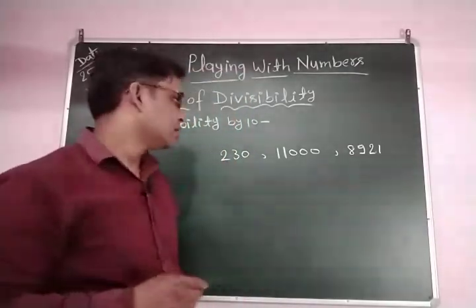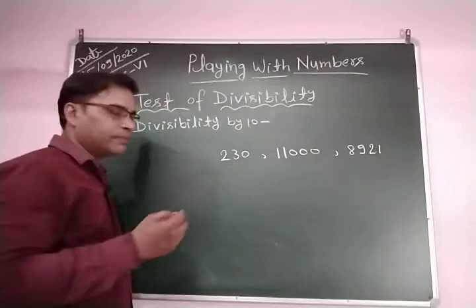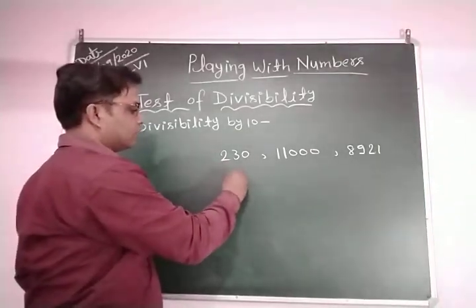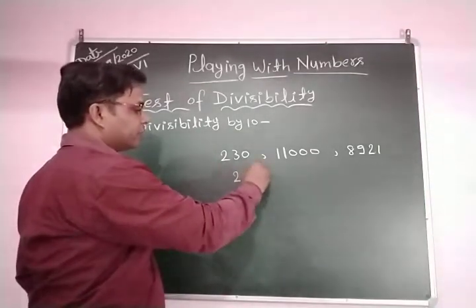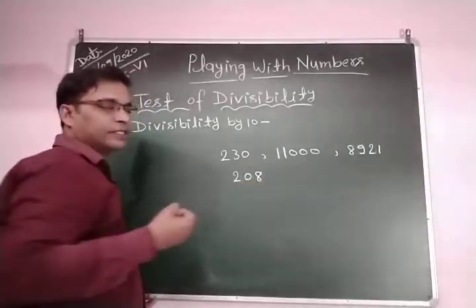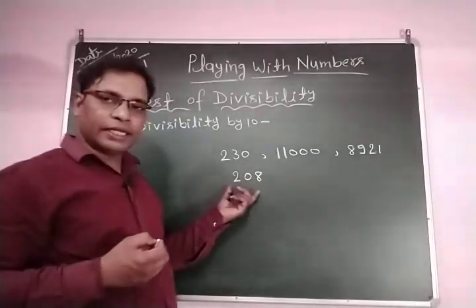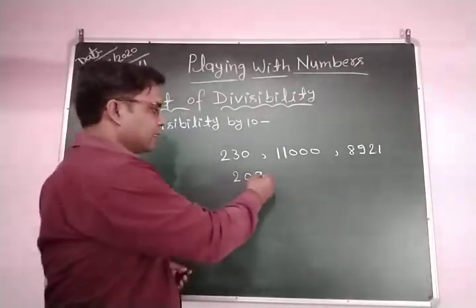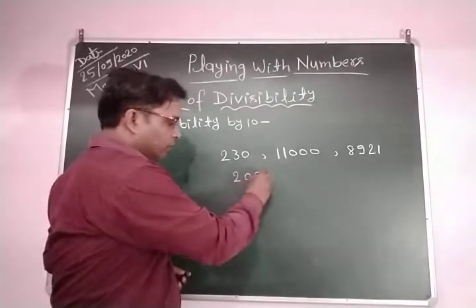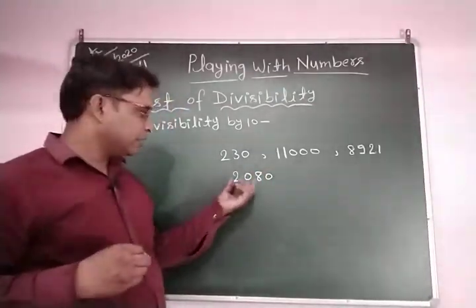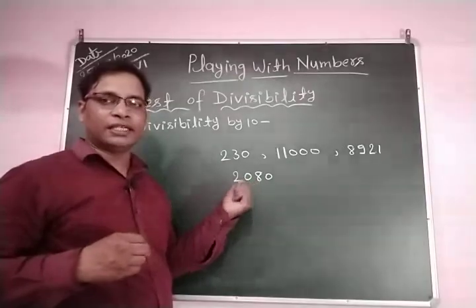Is this clear? Now you can take more examples like 208. This is not divisible by 10, but if you write a 0 to the right side of this number, then it becomes 2080.